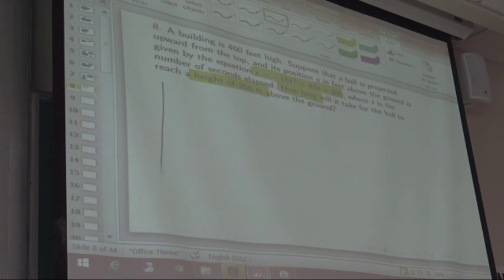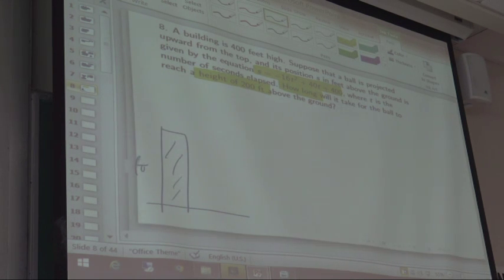So this is a building, it is 400 feet. This is a 400 feet building, and it throws a ball here, just upward, and then because of the gravity, it basically falls down.